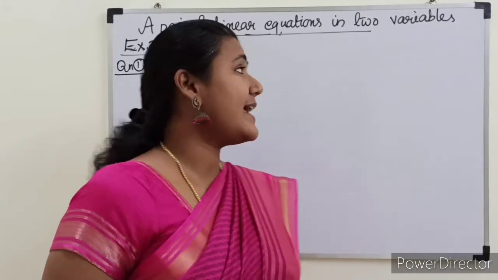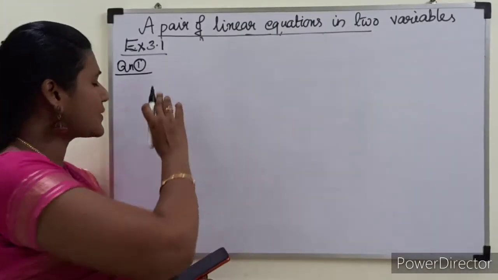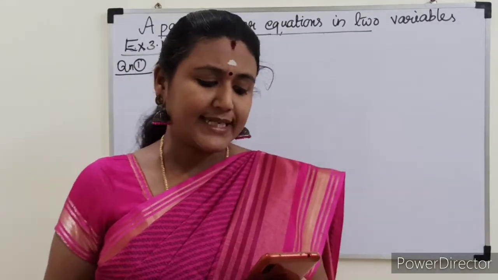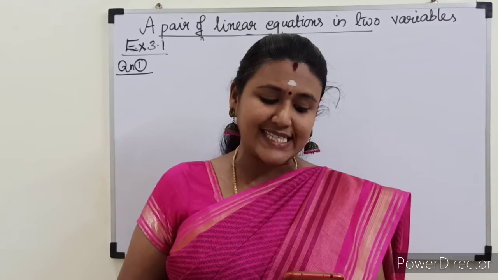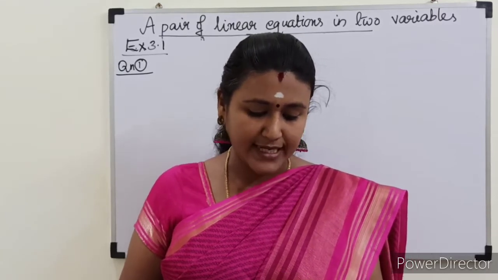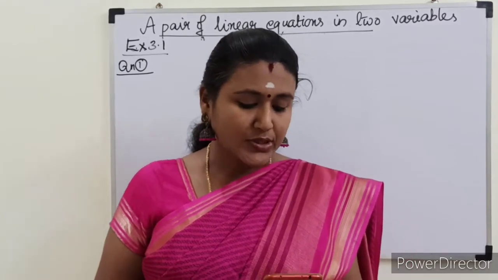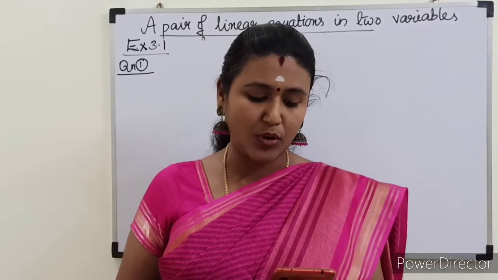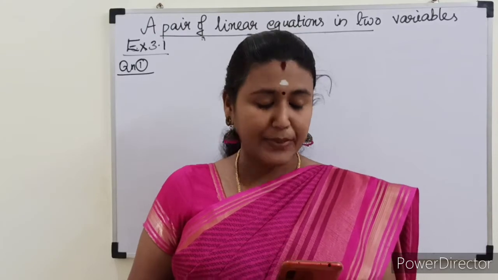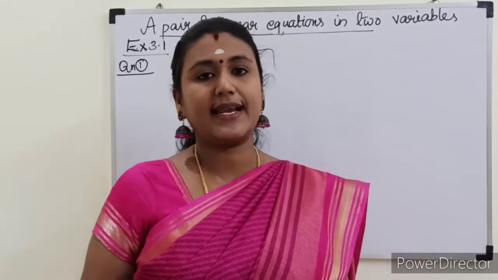So first question, exercise 3.1. Aftab tells his daughter, 7 years ago I was 7 times as old as you were then. Also 3 years from now, I shall be 3 times as old as you will be. Represent this situation algebraically and graphically.